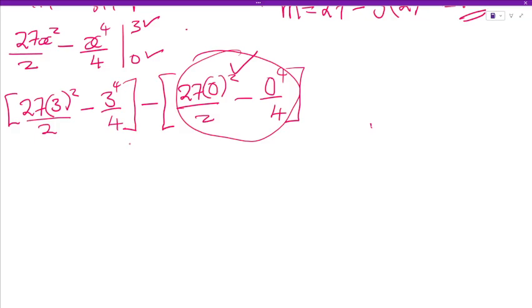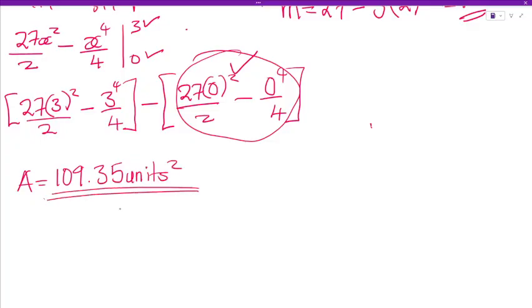Okay, so the final answer it's giving me is, remember we're finding area, 109.35. This is area, so it's going to be units squared. In case you found a negative answer, you need to convert it to a positive, because area is always supposed to be positive, and you are done.